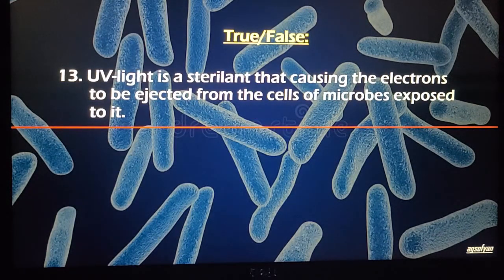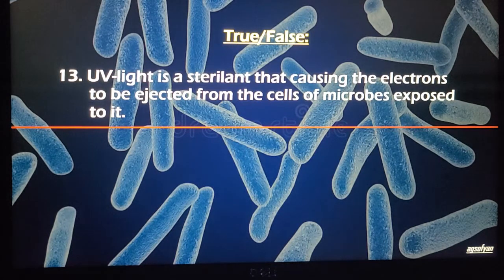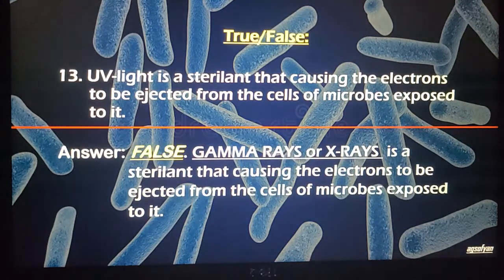Number 13. UV light is a sterilant that causing the electrons to be ejected from the cells of microbes exposed to it. True or false? Give your answer. Yes, the answer should be false, because UV light is not sterilant.